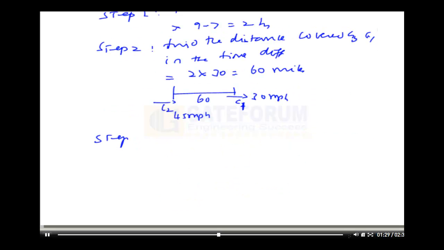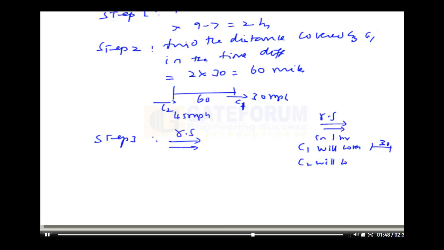This is where the concept of relative speed comes. We call it RS in the same direction. What is RS? In 1 hour, C1 will cover 30 miles. In the same 1 hour, C2 will cover 30 plus something more, 15.